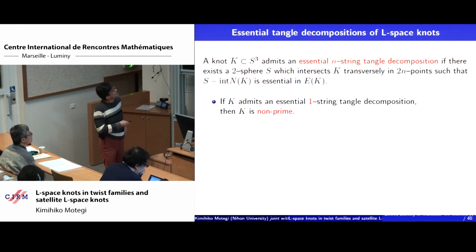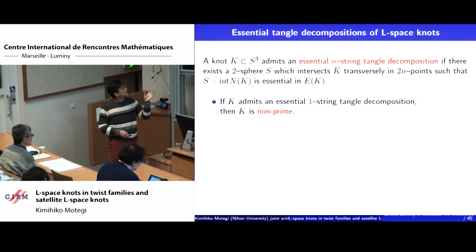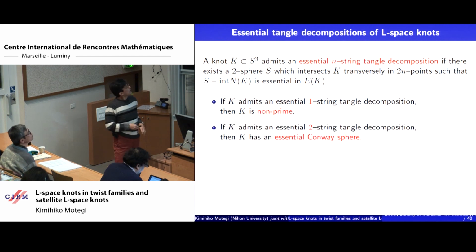For instance, if K admits an essential 1-string tangle decomposition, then K is a connected sum of 2 non-trivial knots, namely K is non-prime. And if K admits an essential 2-string tangle decomposition, then K has an essential Conway sphere, a 2-sphere with 4 punctures.